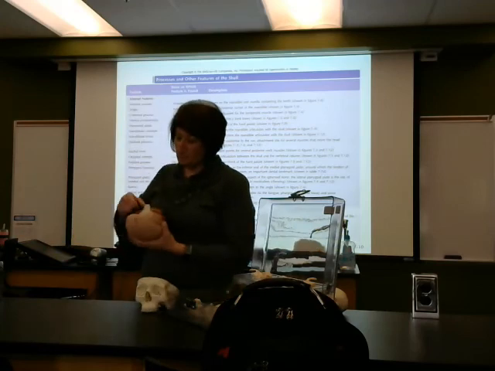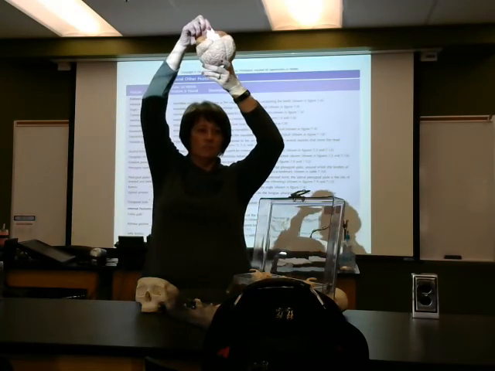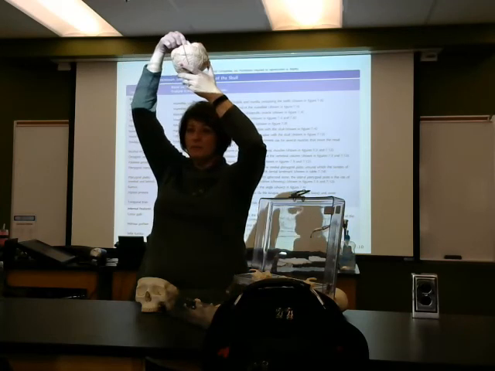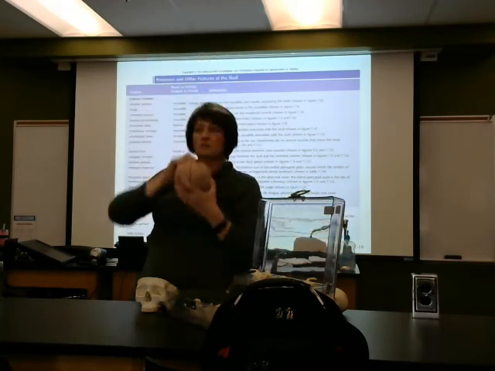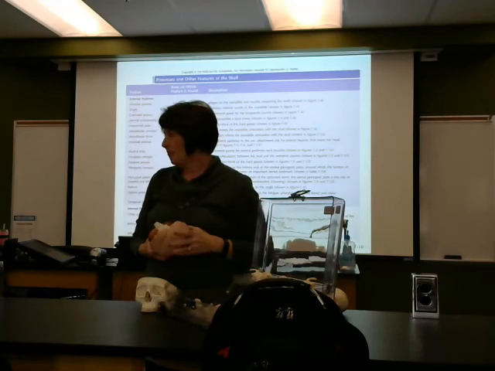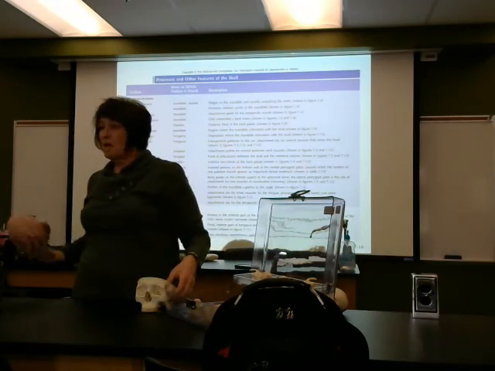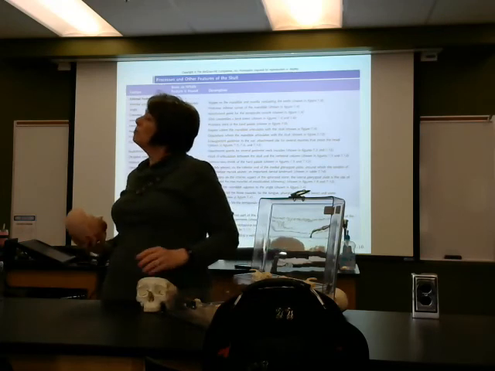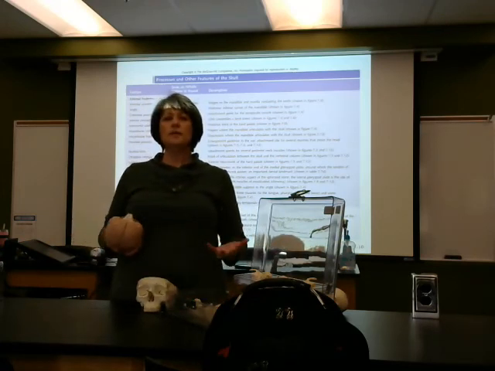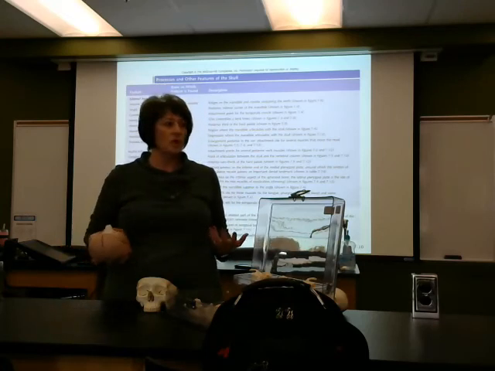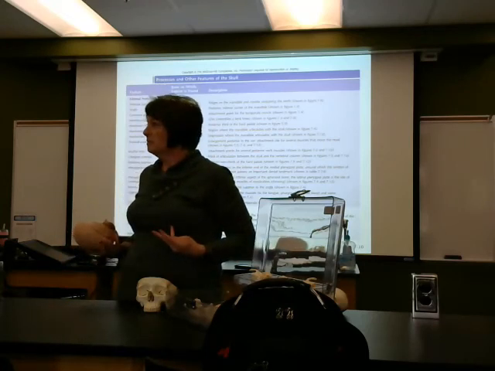Why is your brain stem, the midbrain, the pons, the medulla, so important? Because of all the involuntary functions. And what else? Okay, what do we classify as involuntary? Breathing.